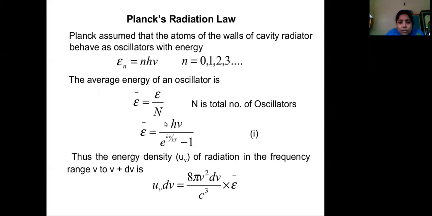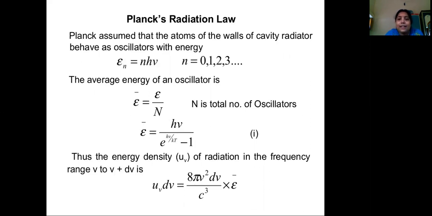So first we have to find out this average energy of each oscillator, and then we will multiply the average energy by the number density. Thus we will get the energy density.